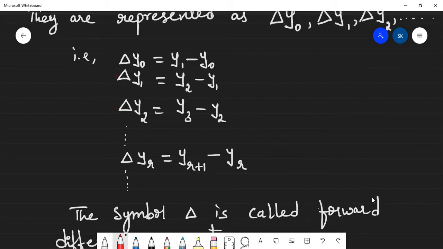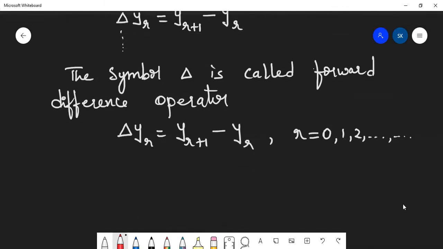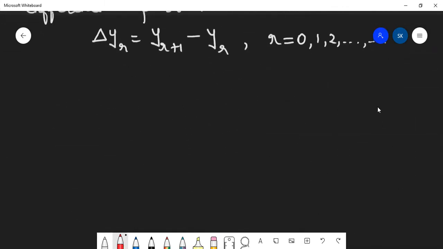How to write that? Before that, we'll write the table so that you will understand easily. The first forward differences were forward delta y0, forward delta y1, forward delta y2, and so on.